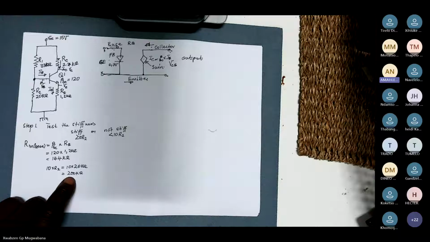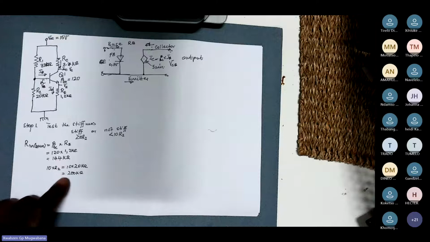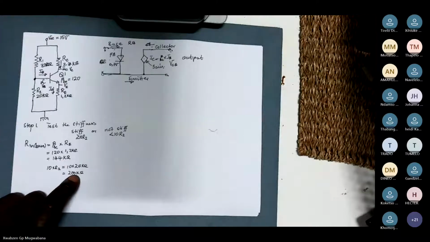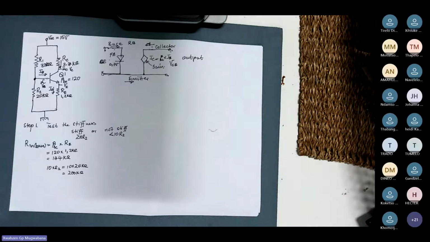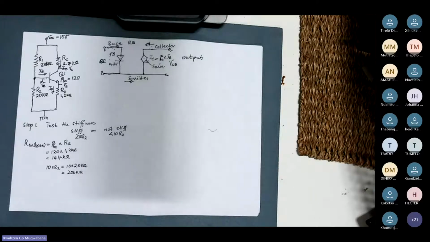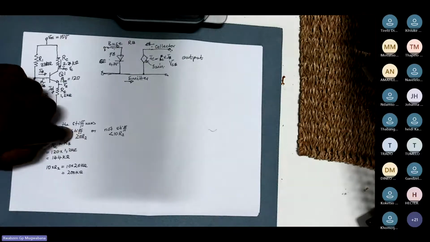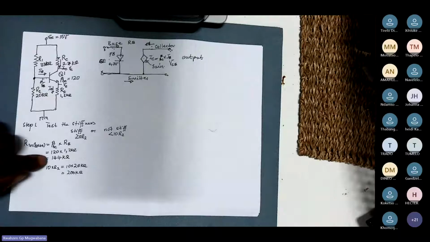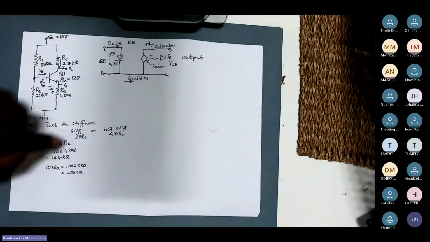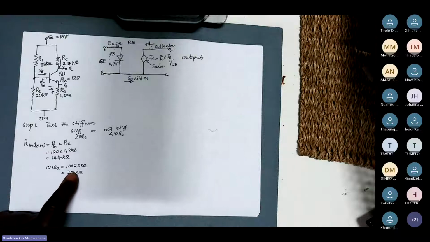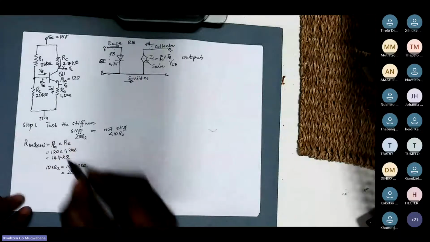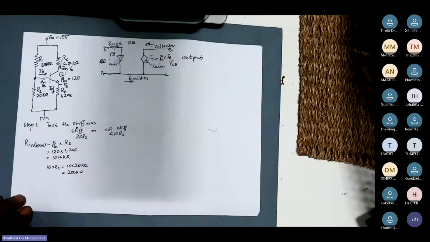No, sir, it is no. Which means in the case of this stiffness, if we look at 10 times R2, R in base is less than 200 kilo ohms, but it is not greater than, which means the stiff condition is out.